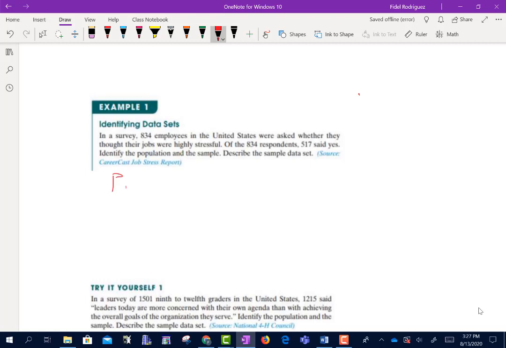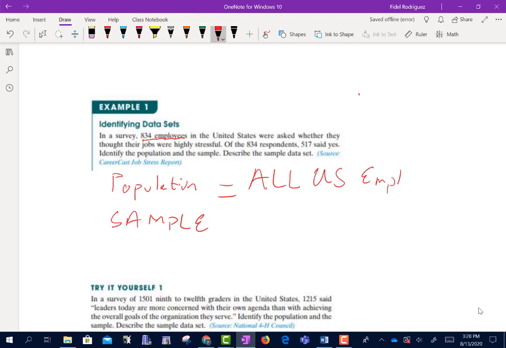Okay, so first let's talk about the population, and then we will refer to the sample. Okay, so a lot of times we want to think that the 834 employees is going to be our population. That's not actually the case. The population is going to be all U.S. employees, okay?